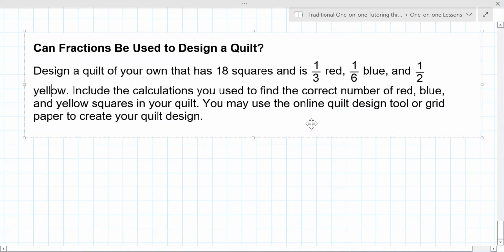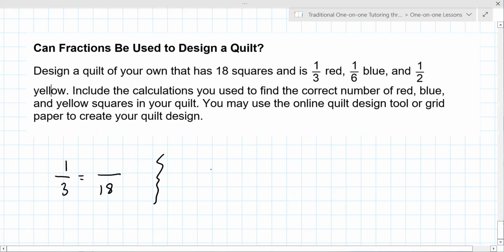Design a quilt of your own that has 18 squares. So we have to do the same thing. We have to go from 1/3 to 18, 1/6 to 18, 1/2 to 18. Can you fill in those numbers for me, please?